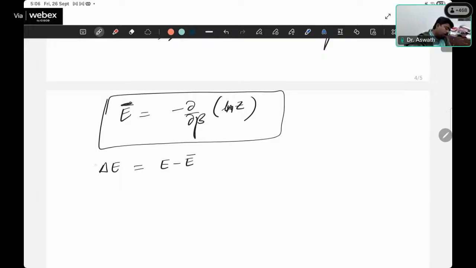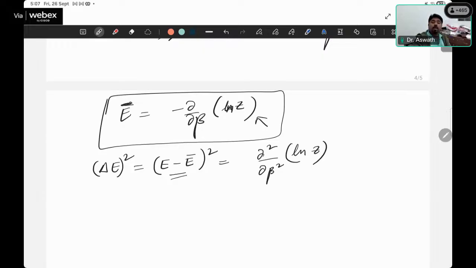If I want to find the variance, I'll have E minus E bar whole square. You simply derive once again log z with respect to beta, so I'll get the deviation square just by taking the log of the partition function.